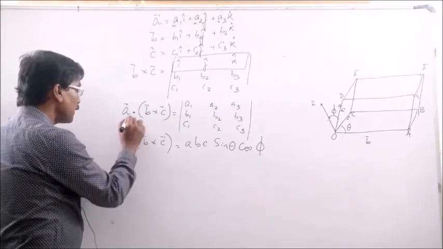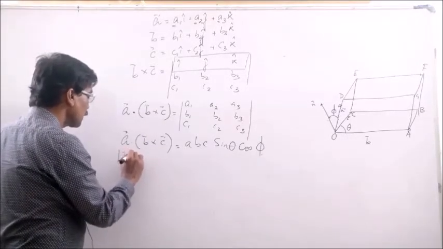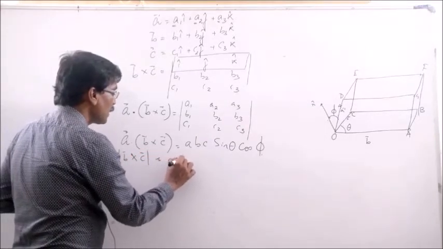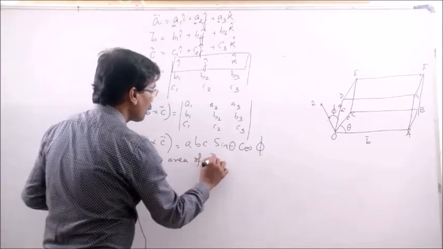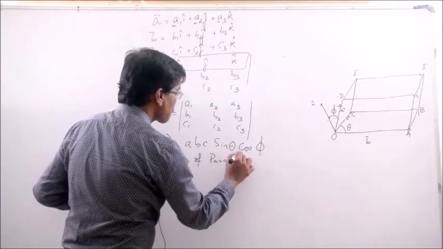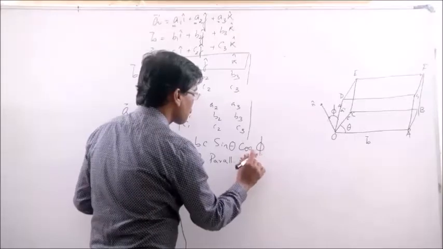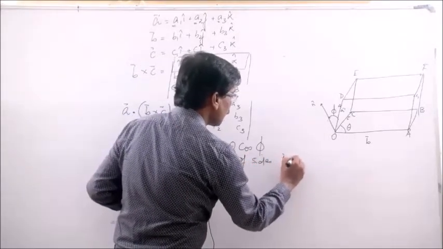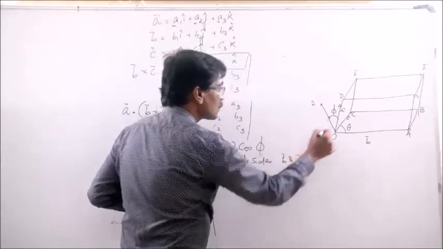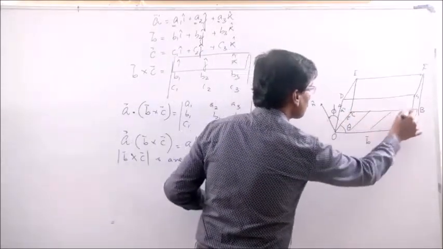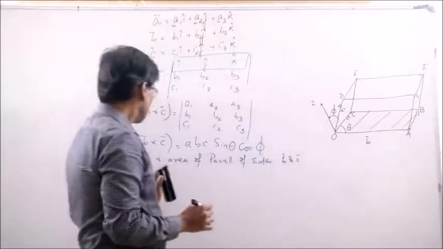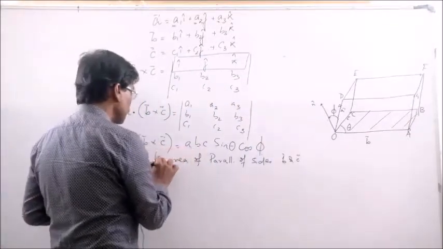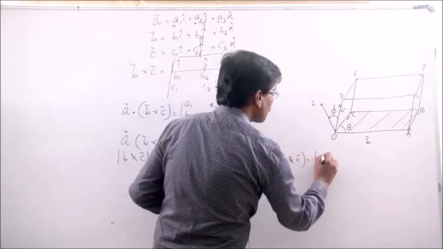B cross C magnitude is the area of the parallelogram of sides B vector and C vector. So this is the area of the base. So B cross C magnitude is equal to BC sin theta.